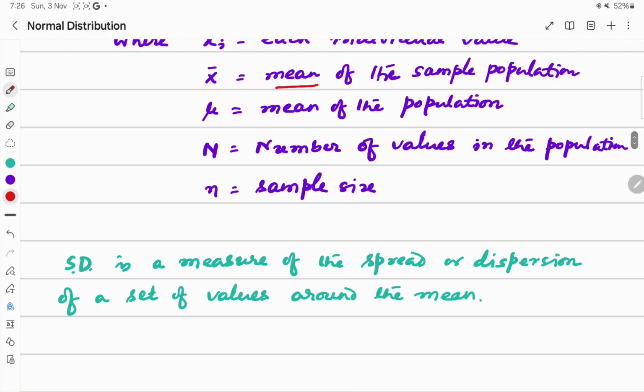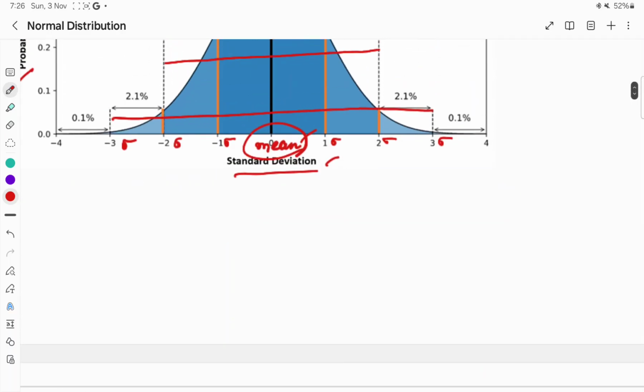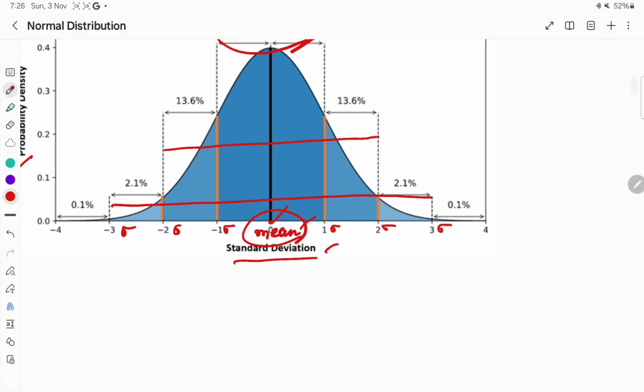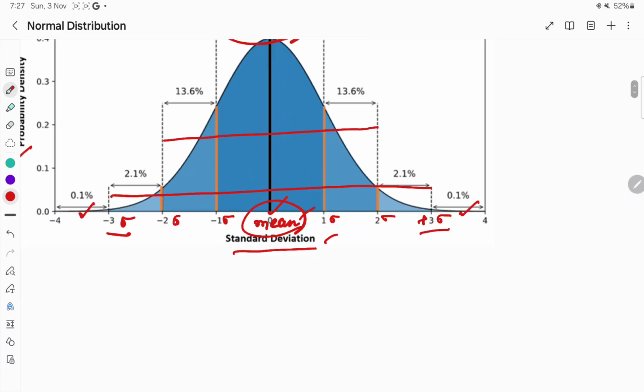So the standard deviation is a measure of the spread or dispersion of a set of values around the mean, as we have seen here. So this value is the mean, and the whole data lies from, say, this part to this part, and 99.7% lies within minus 3 standard deviations to plus 3 standard deviations.